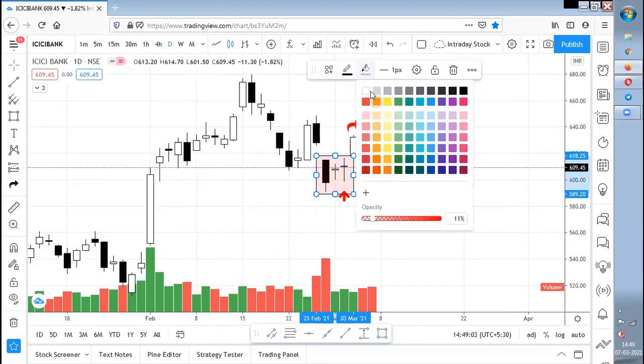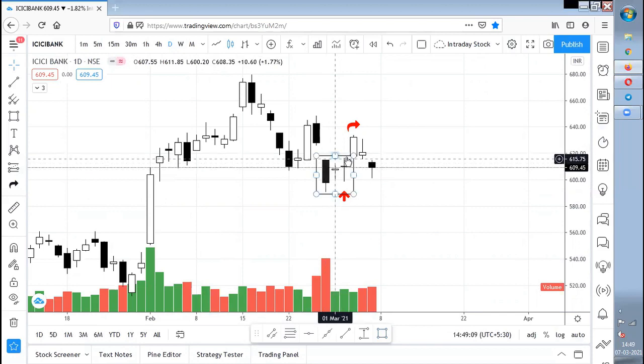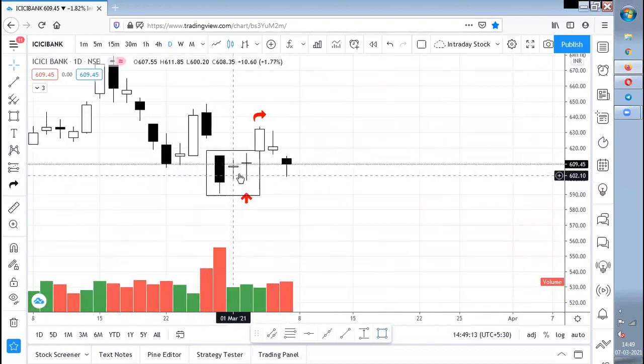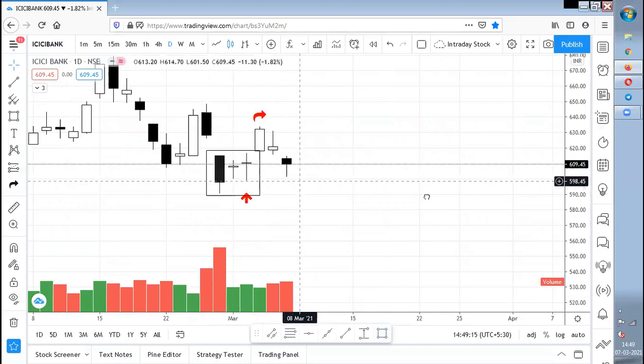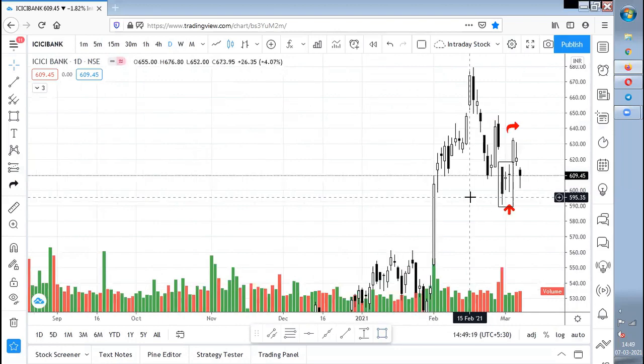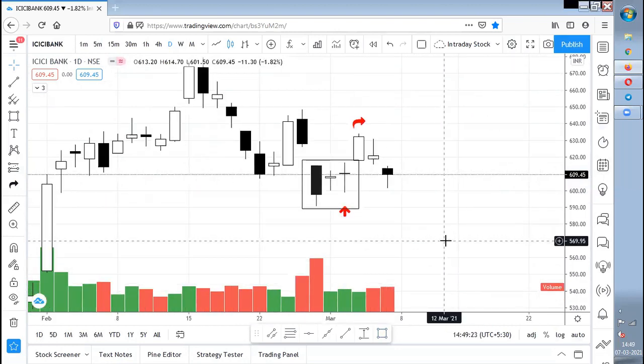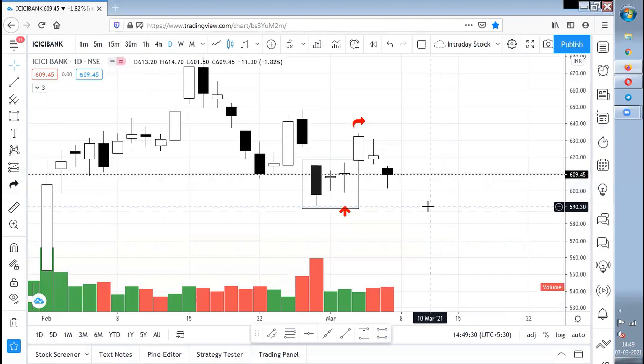This candle structure is basically an inside bar category, and it is also a compressed state. If you see the body of the two candles on March 1st and March 2nd, it is completely compressed. So my point was, okay, it can perform the next day, and I was expecting it on the buy side only. This is how I decided on this particular stock and traded on it.